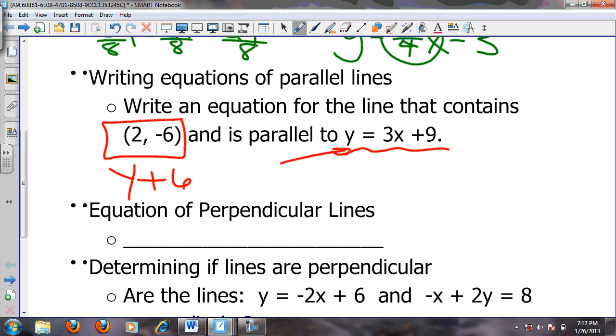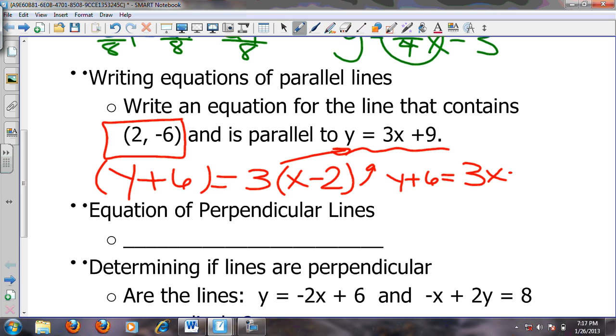So y minus y1, which is negative 6. So y plus 6 equals 3 times the quantity x minus 2. Now if I want to put it in slope-intercept form, I can distribute and simplify. So y plus 6 equals 3x minus 6.